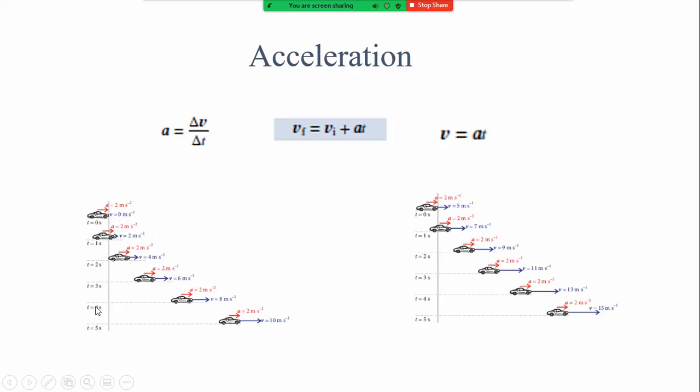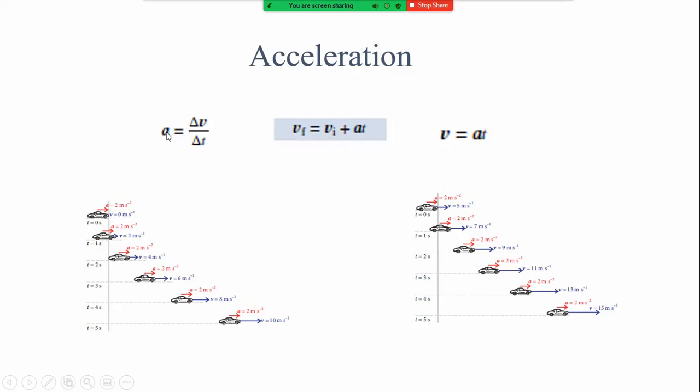Then at the 4-second mark, 2 times 4, 8, so on and so forth. So if we're looking at this with the initial velocity being 0.